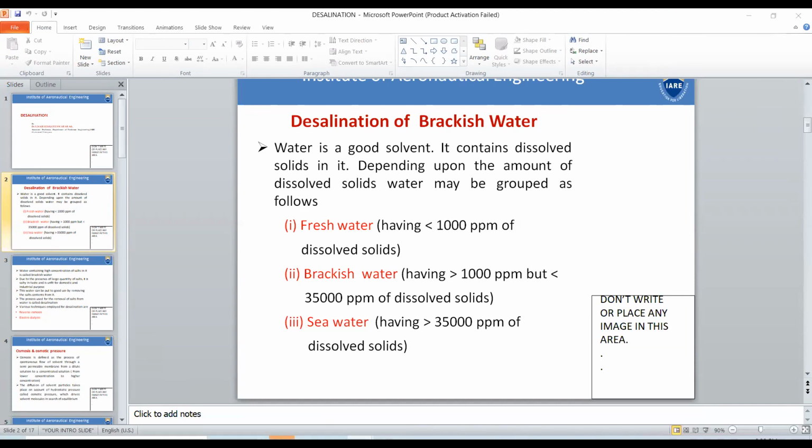Fresh water, brackish water, seawater. Okay, Amma. Fresh water means how much solid content? Less than 1000 ppm. Brackish? 1000 to 35,000 ppm. Seawater means more than 35,000 ppm. Okay, Amma. So this is about the classification of the water based on solid content.